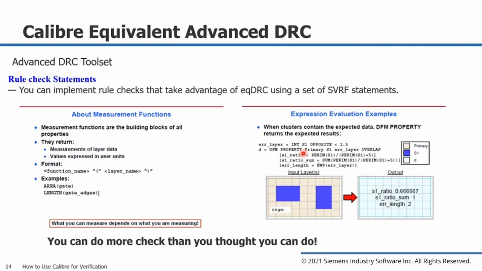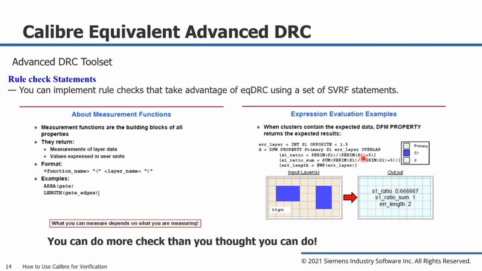Calibre equivalent DRC is an advanced SVRF where one can run equation-based or some special commands such as area and length, which you can use to output results based on calculations like parameters.